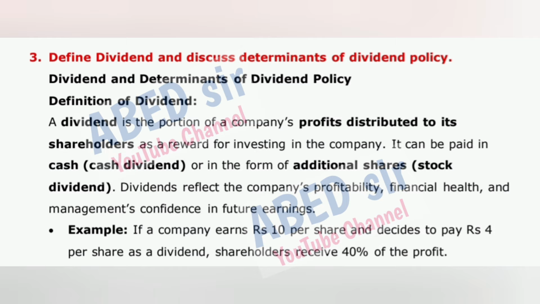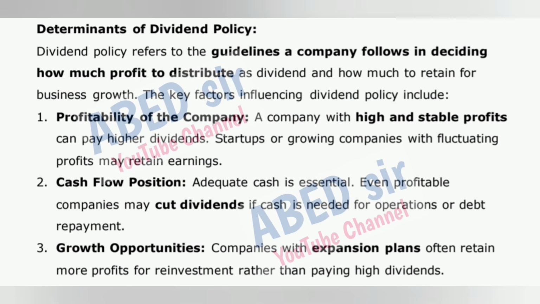It can be paid in cash, cash dividend, or in the form of additional shares, stock dividend. Dividends reflect the company's profitability, financial health, and management's confidence in future earnings. Example, if a company earns 10 rupees per share and decides to pay 4 rupees per share as a dividend, shareholders receive 40% of the profit.